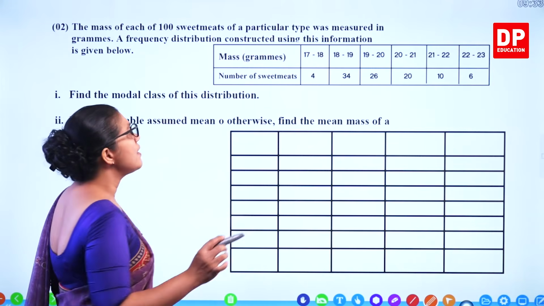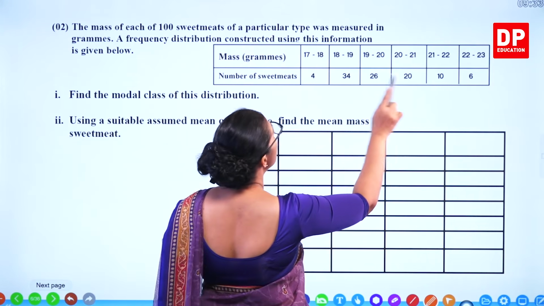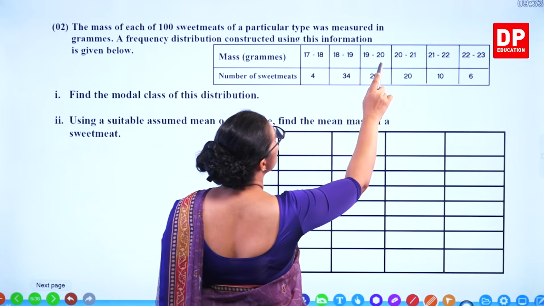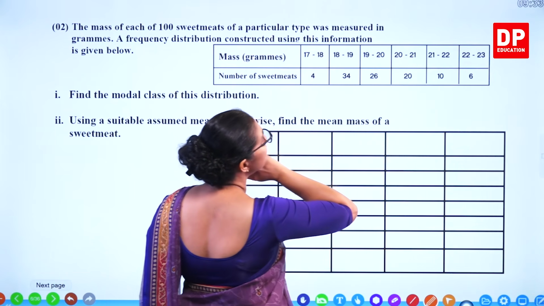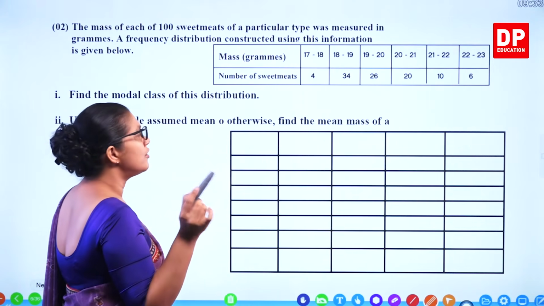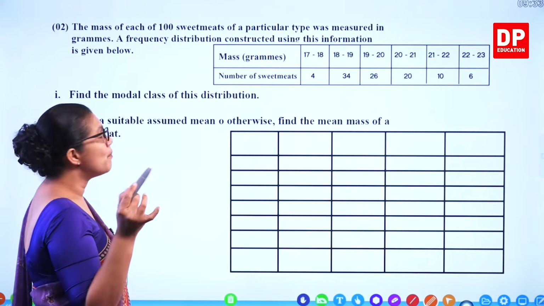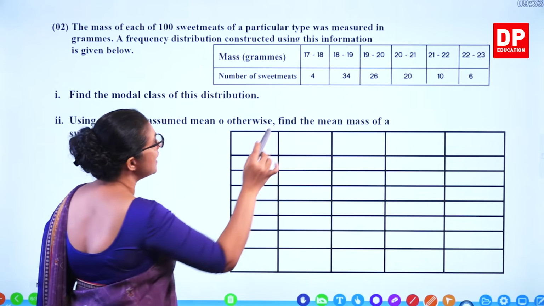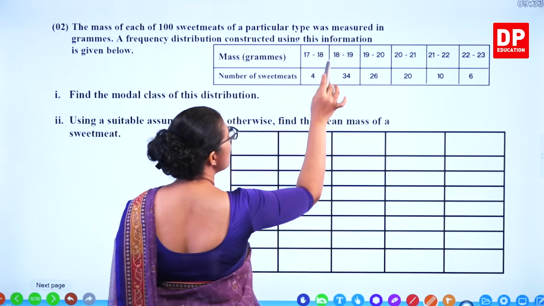Before you find anything, you have to check the width of the interval. 1, 1, 1. All are equal. So then you can straight away find out the modal class, the one which has the highest frequency. 34 is the highest frequency.